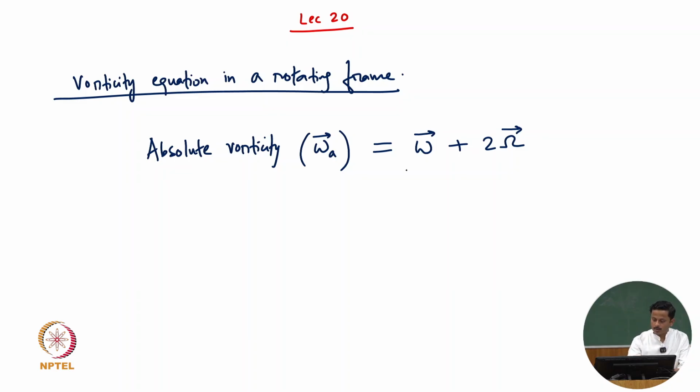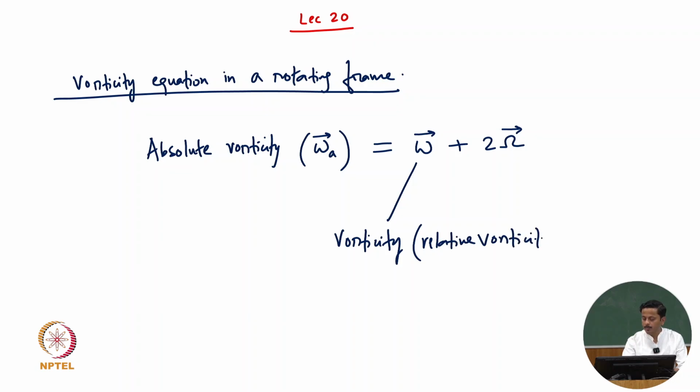So this has already been defined in the previous lecture. This is the vorticity, or now in correct terminology, this is the relative vorticity. Please remember, because our frame of reference was not moving in the previous lectures, in the previous derivations, we had just loosely mentioned this to be vorticity.